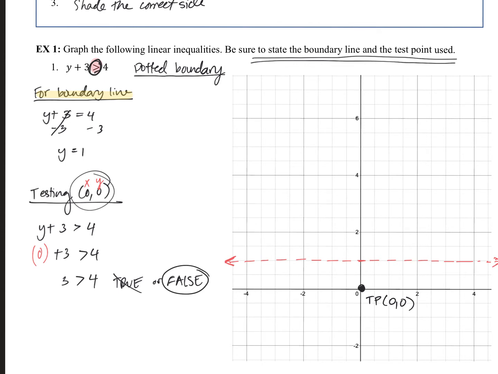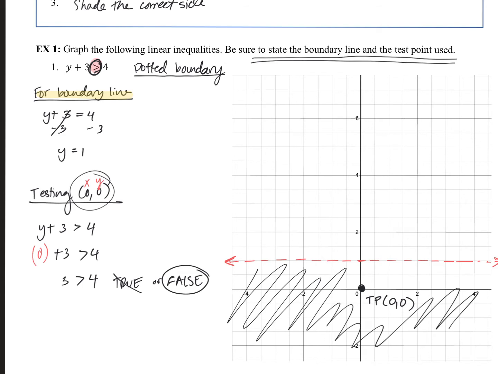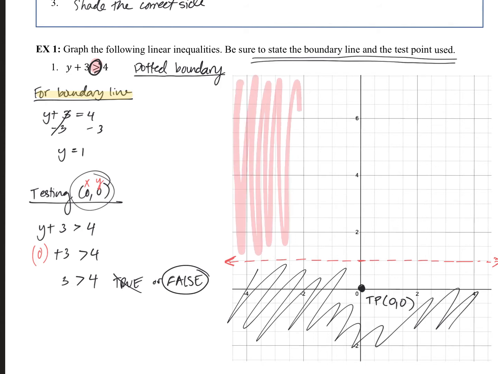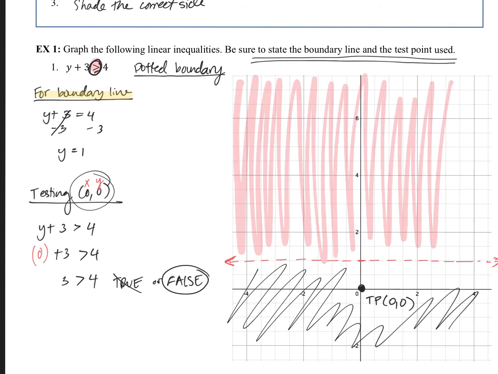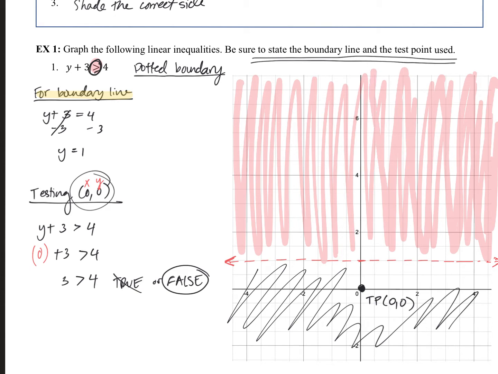So since that is false, what this means is any other point on this side of my boundary line will also be false, which means all of my answers should be on the opposite side. So all of these points up here will work, and I'll go ahead and shade it in. So please note, when you shade your work, please go ahead and shade all the way up to the top of the graph.